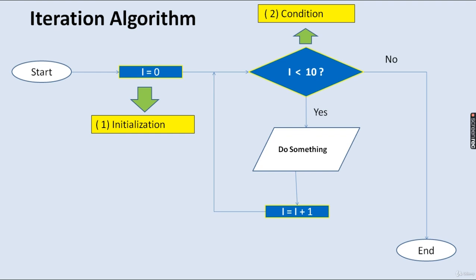According to it, I should terminate the loop or continue doing the block of code. And the third factor, which is essential for the loop algorithm, is the increment of the counter.